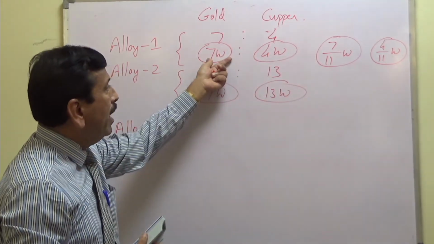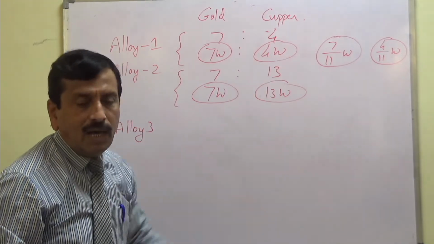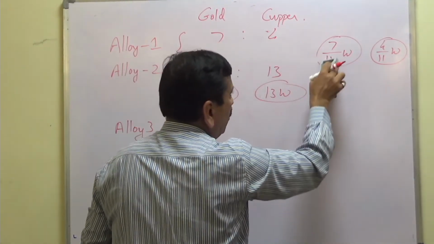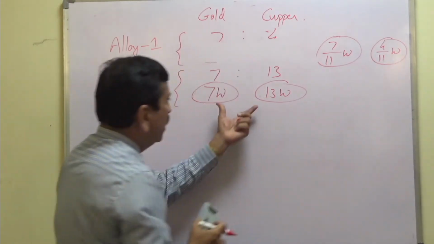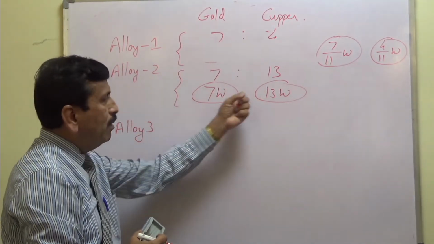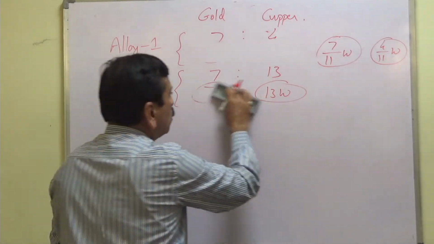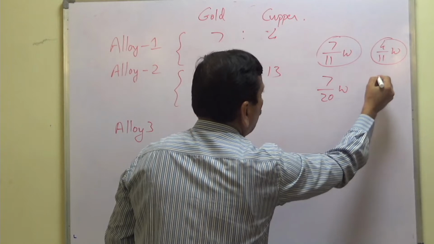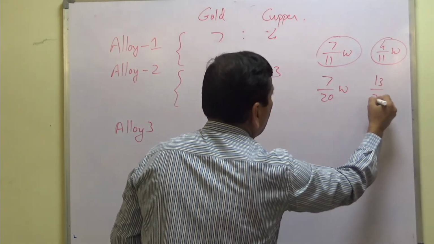So 7/11 and 4/11. How will you go about it now? We will take the proportion 7/11W, 4/11W. Here we take the proportion: 7 plus 13 will be 20. So I will take the proportion 7/20W and 13/20W.